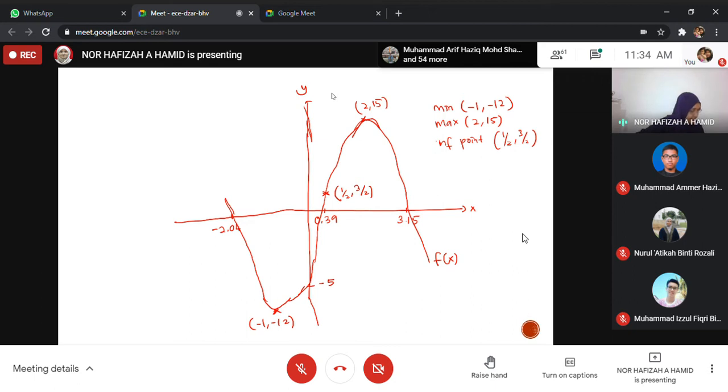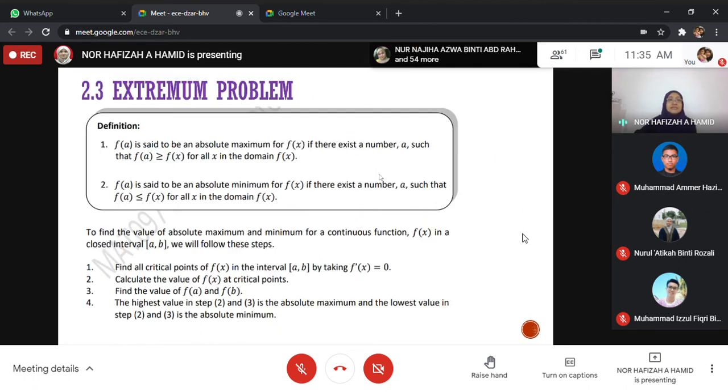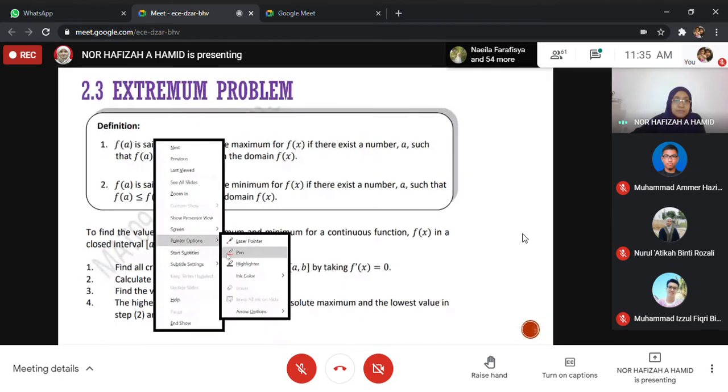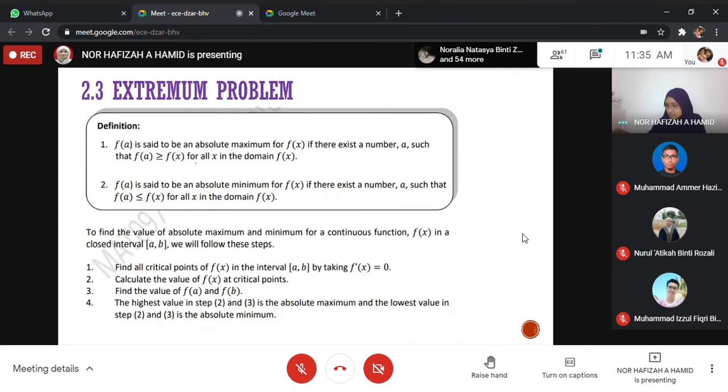Next. Okay, so saya nak masuk yang last part of chapter 2, extreme problem. Okay, so 2.3, we have extreme problem. Okay, so definition. F of A is said to be an absolute maximum for f of x if there exists a number A such that f of A greater and equal to f of x.